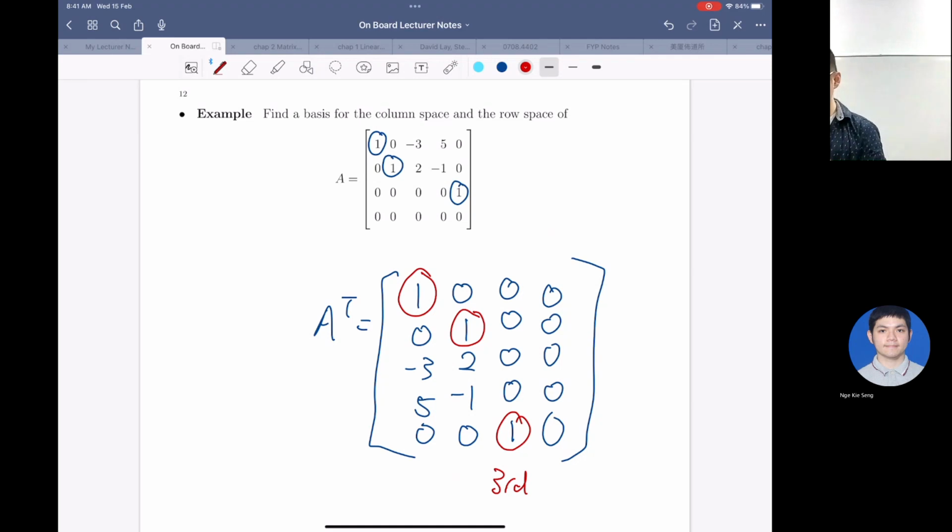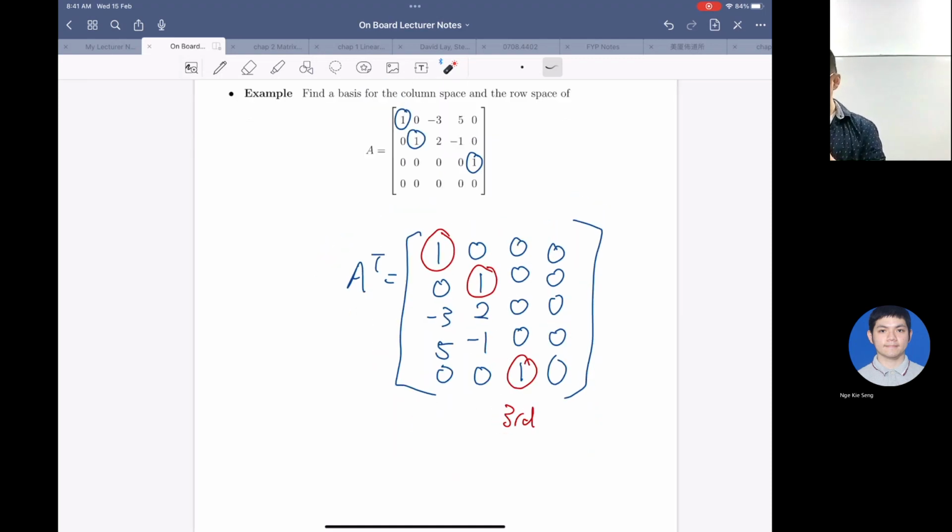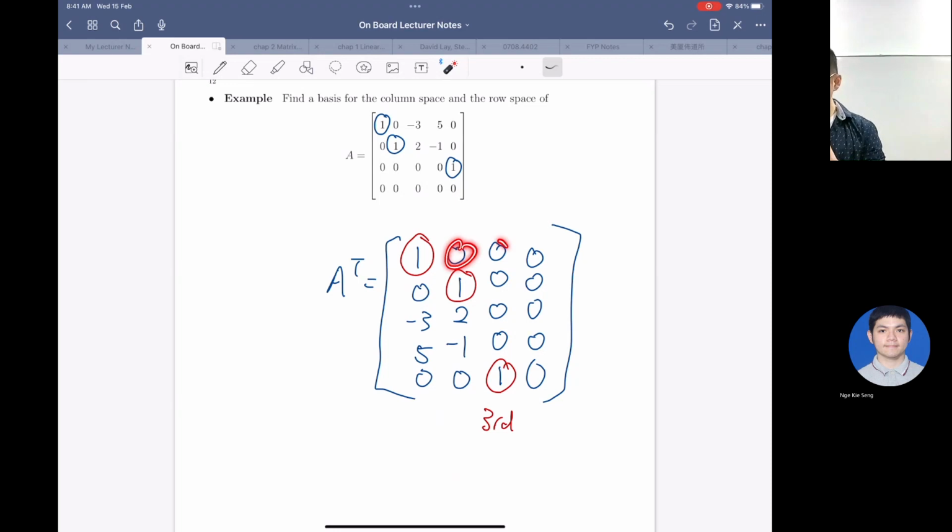Okay, they stay the same. So you can see that you can get rid of this non-zero term below the 1. Okay, and then above 1, it is already 0 because this is done in A. When you reduce A, this automatically becomes 0 already. Okay, so a transpose will preserve the number of pivot columns.